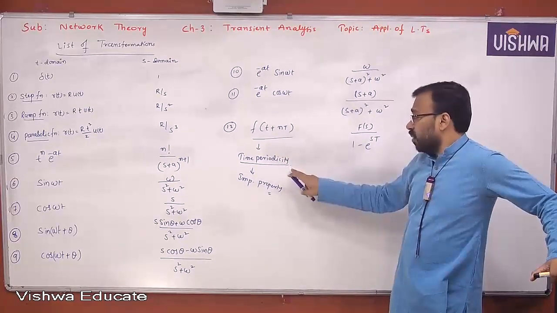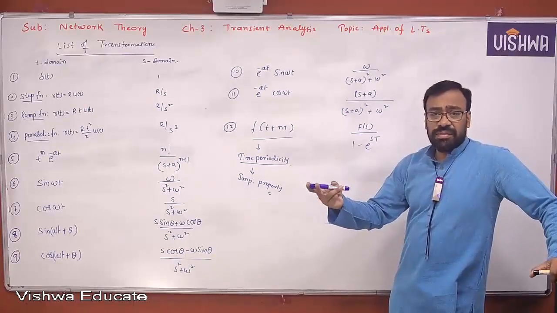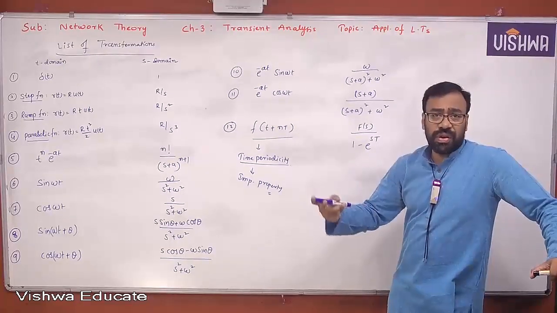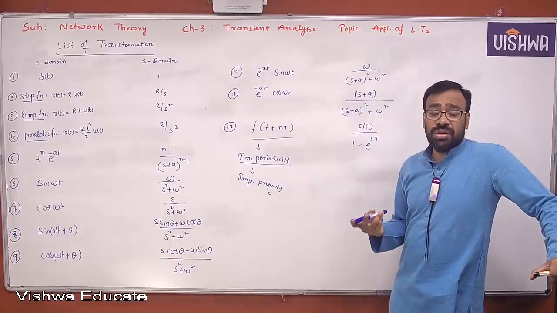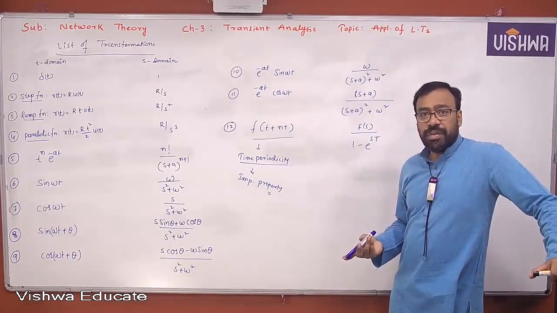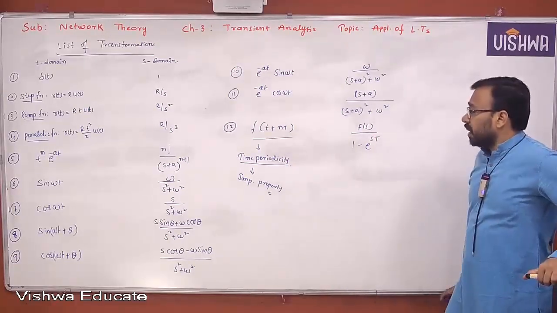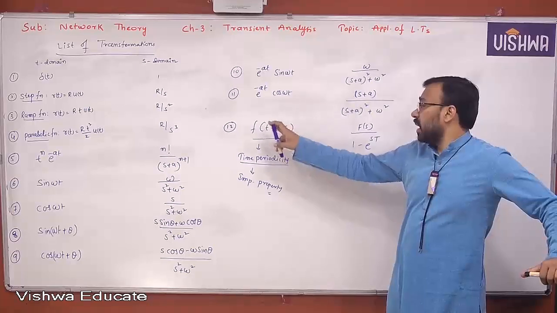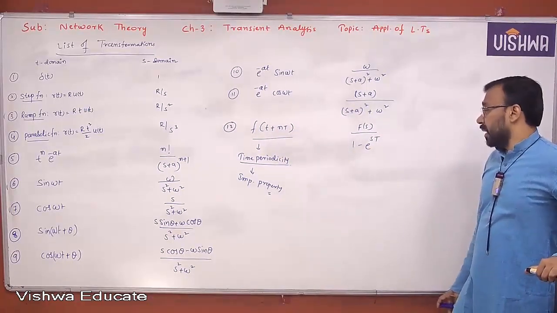Time periodicity means what? There is a periodic waveform, sine wave, cos wave, let us say triangular wave, sawtooth waveform, trapezoidal waveform, or step function or square wave, let us say. They are all getting repeated continuously; periodic waveform, we can call them. In that case, the Laplace transformation of f of t plus nT becomes F of s by 1 minus e power minus Ts.